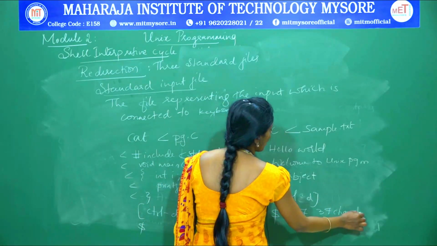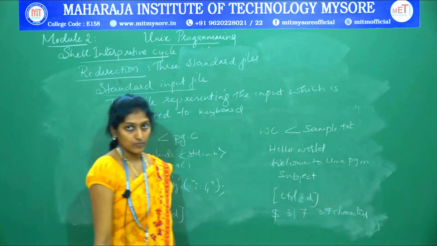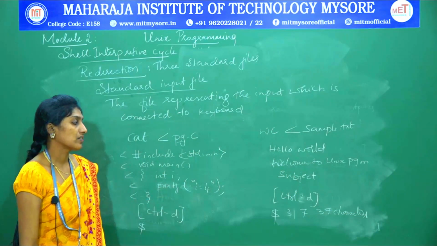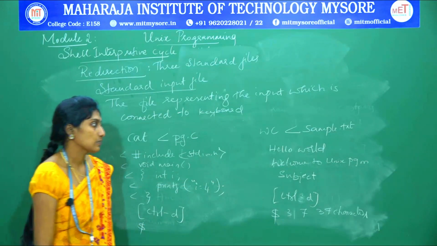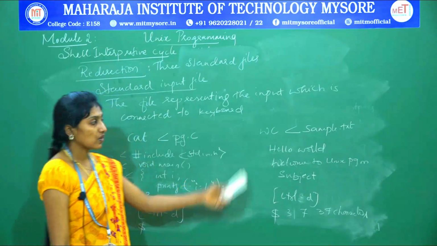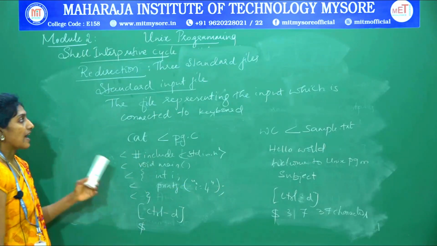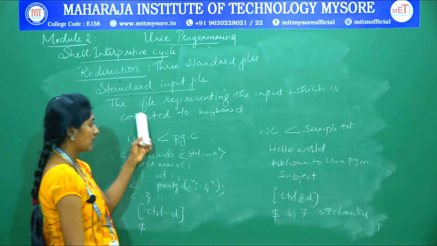It even counts spaces also. Okay, so this is the output you will get once you execute wc less than symbol sample.txt. So this is one way of using your standard input file.